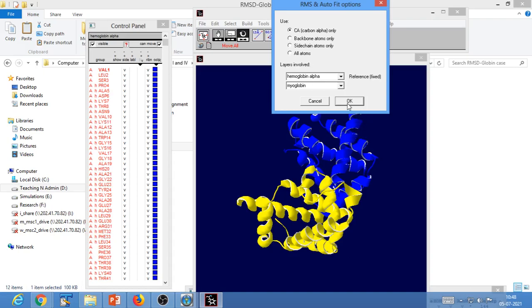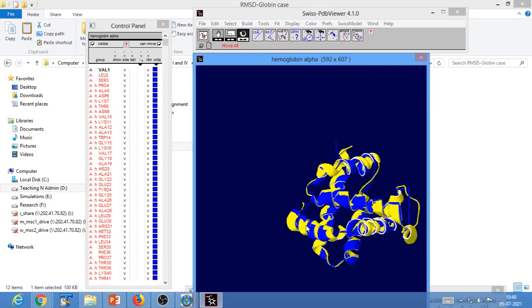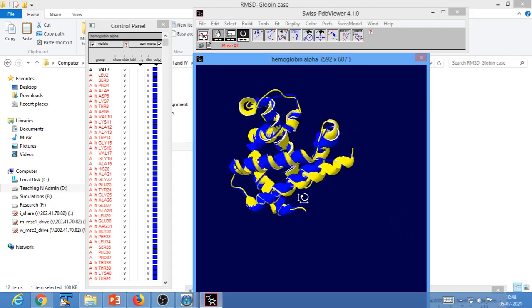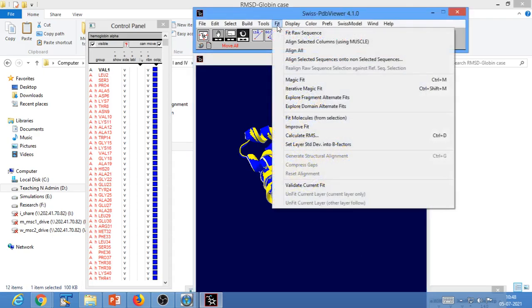When you hit OK, you have superimposed these two models. Now after superimposition, you can again calculate the RMSD between these two proteins by simply using this button called calculate RMS.